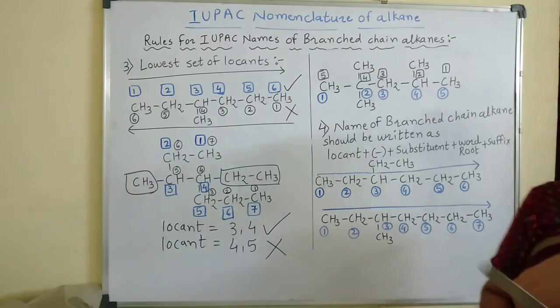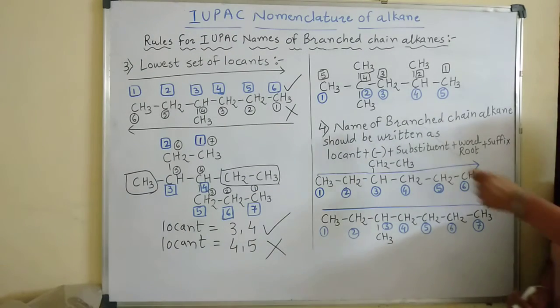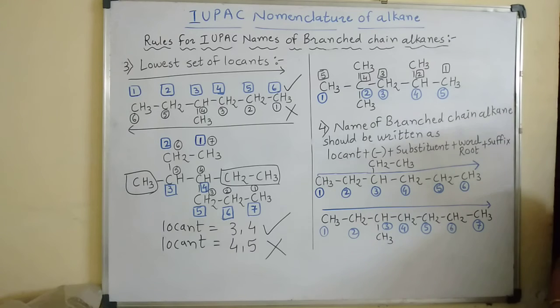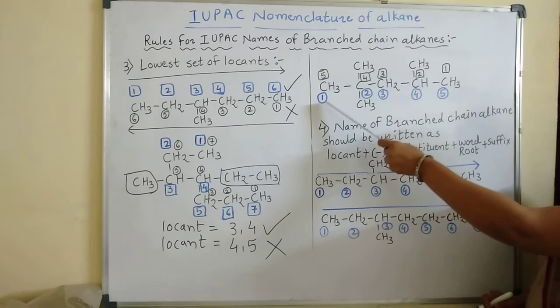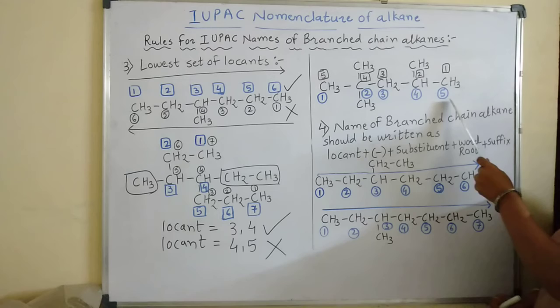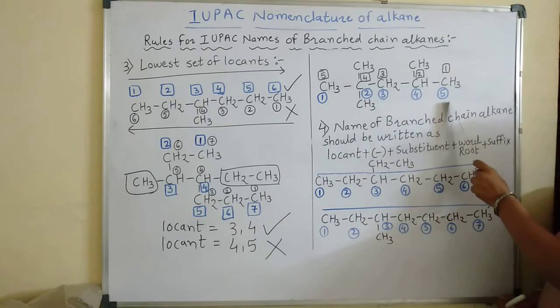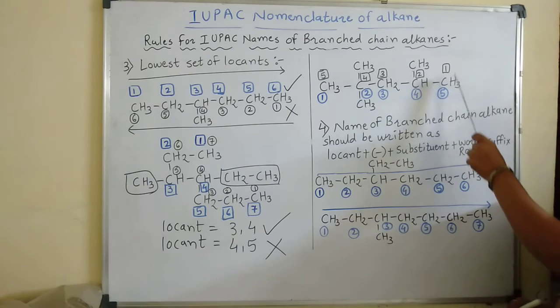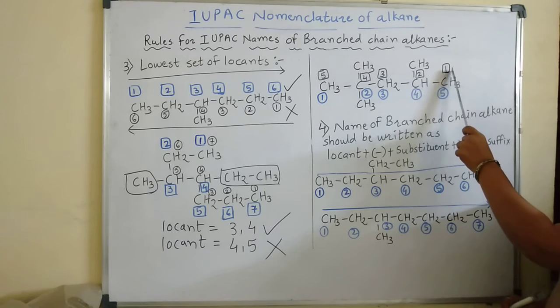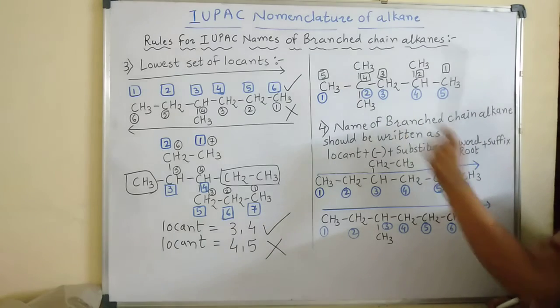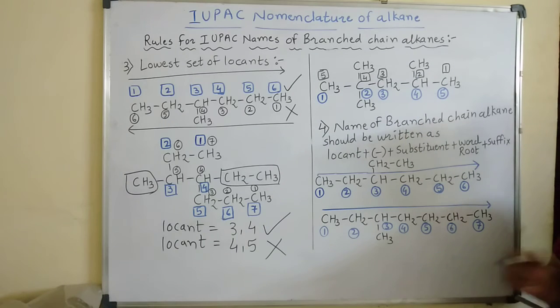Here also we are going to see that this is the carbon chain. How to number this carbon chain? See here, if you are going from left hand side to right hand side, it is 1, 2, 3, 4, 5. And if you are going from right hand side to left hand side, 1, 2, 3, 4 and 5. Now which one is correct?